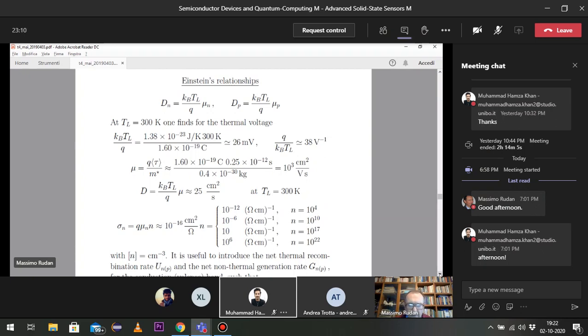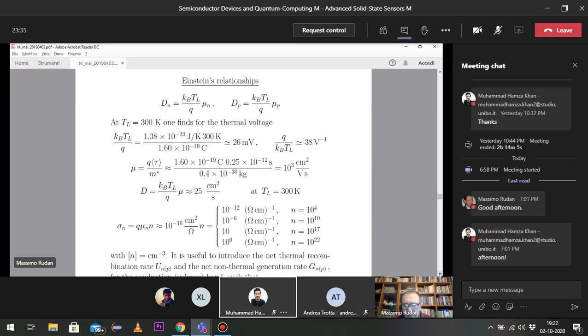And of course, the conductivity is 10 instead of 10 to the minus 6. So from the intrinsic case to the doped case, you increase conductivity by many orders of magnitude, okay?